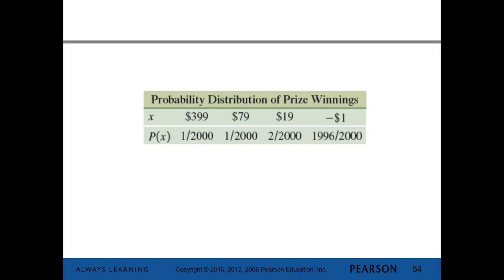Now, how do we calculate the expected winnings? Using the table, you just multiply down.